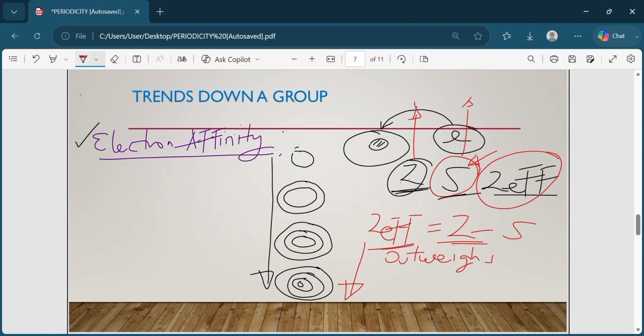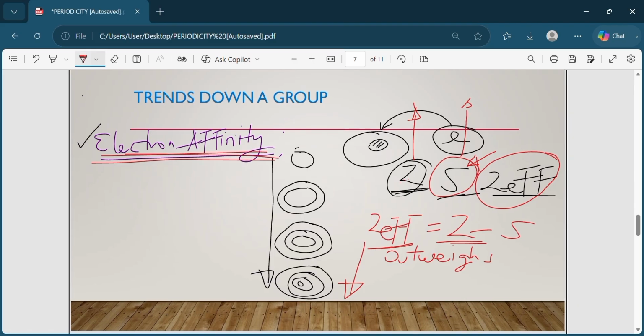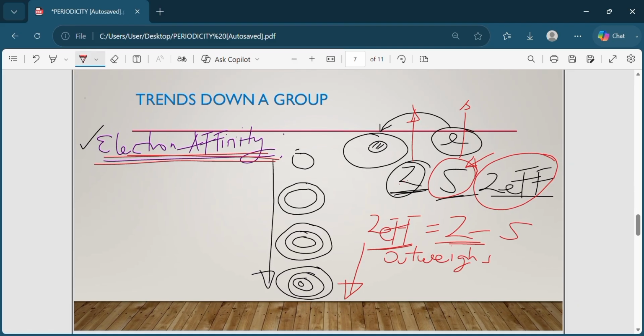Now, since the effective nuclear charge has decreased, what specifically will happen to the electron affinity, which is the amount of energy given out when an electron is being added? Let me draw our atom here.